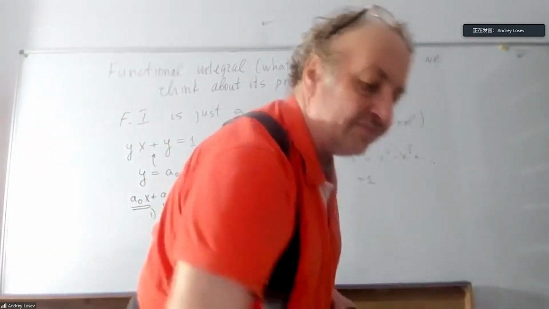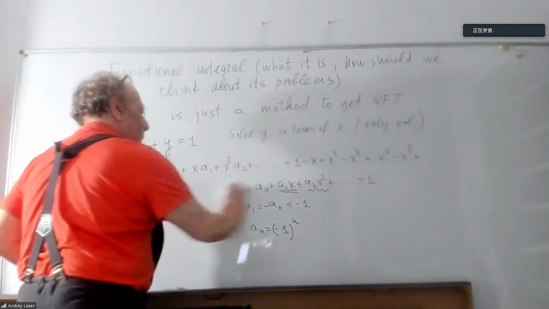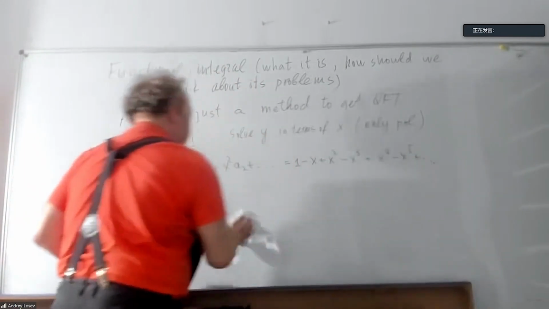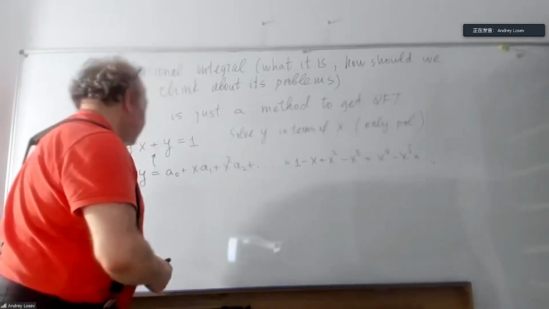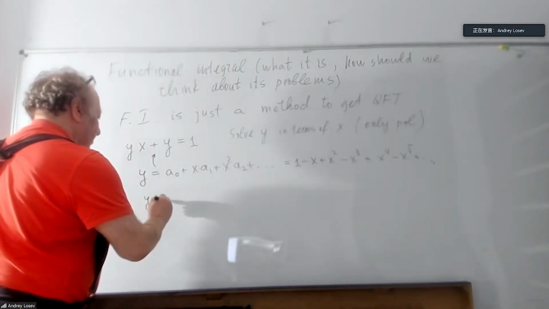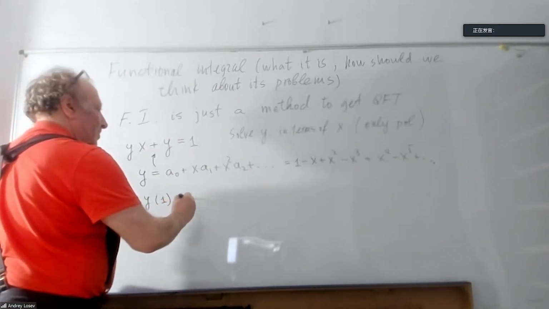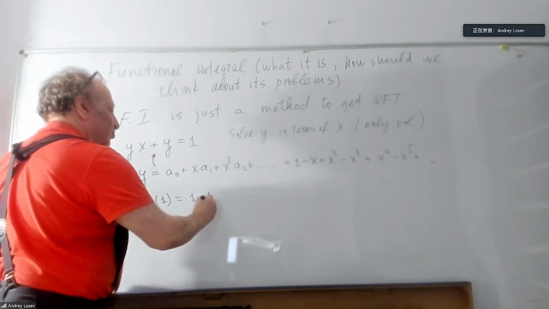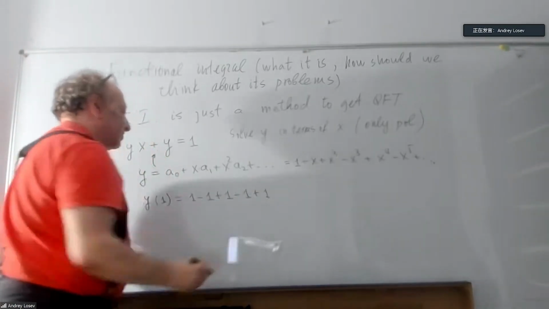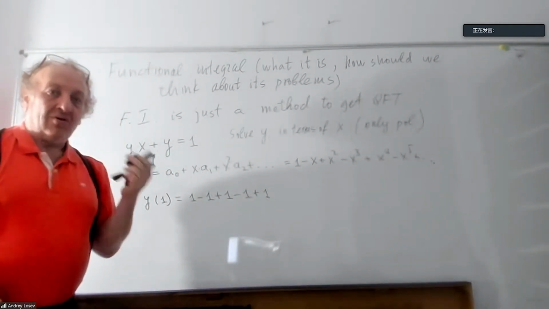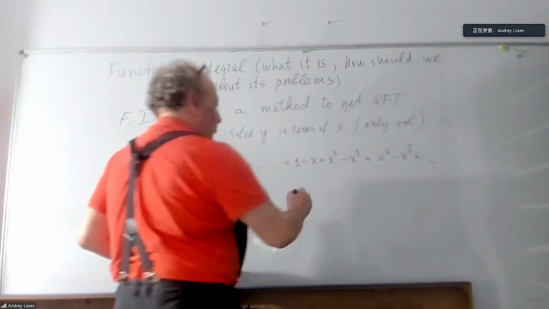And then what can I say about y of 1? It is 1 minus 1 plus 1 minus 1 plus 1, etc. So I have no idea what it is. No meaning.